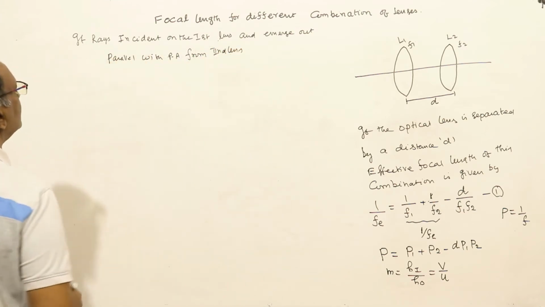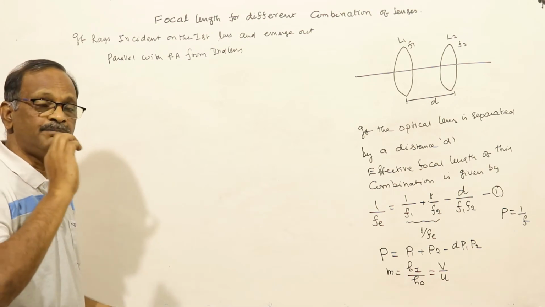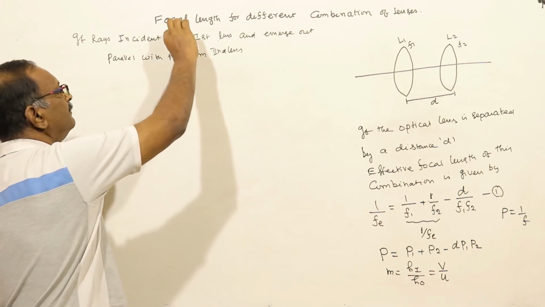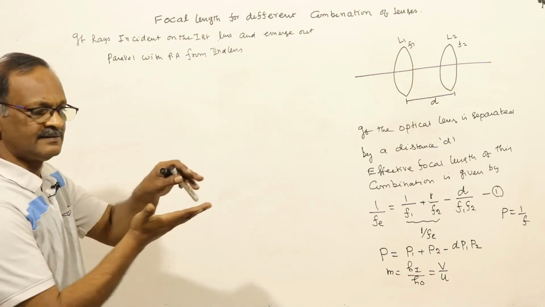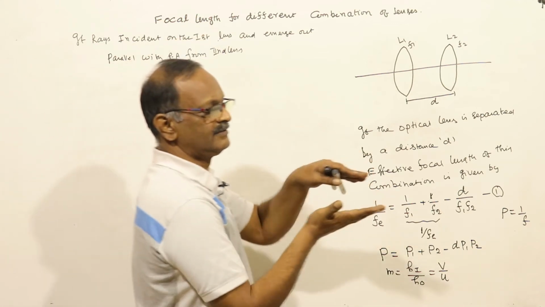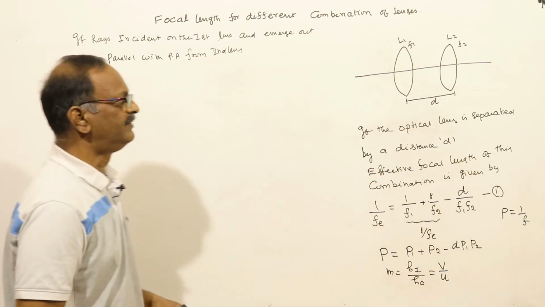That is, the rays are incident parallel with the principal axis on the first lens, and they also emerge out parallel from the second lens.